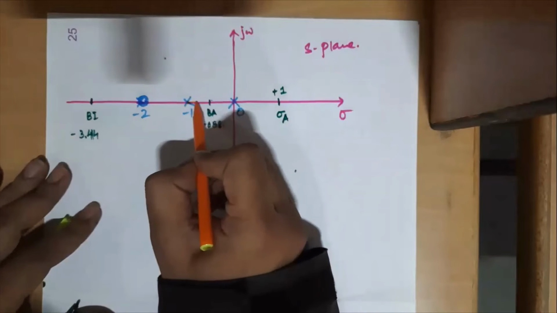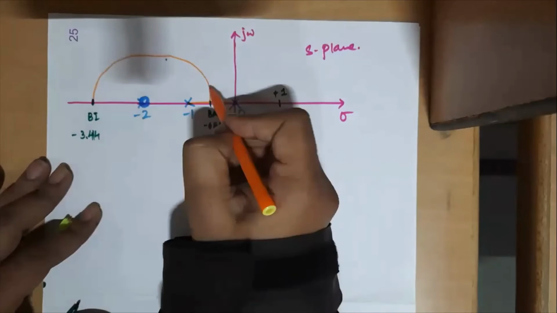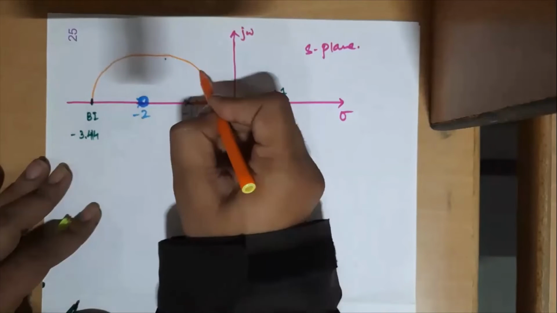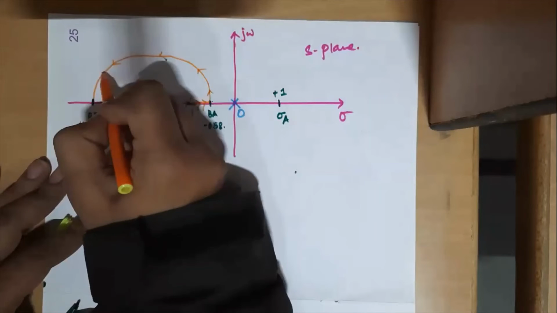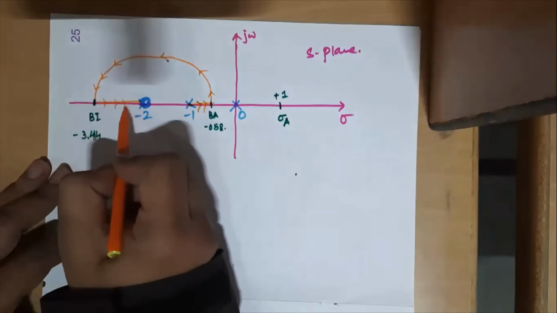And this is how I represent one of the branches. It breaks at breakaway and joins back at break-in. So this is how it proceeds as k increases. This is just an approximation, no need to be accurate.